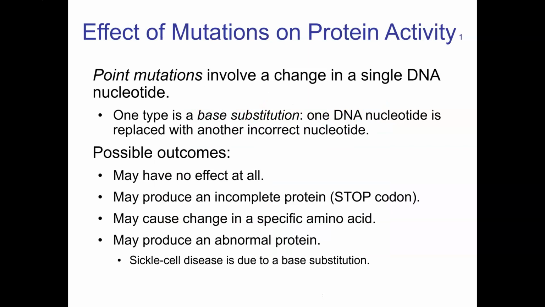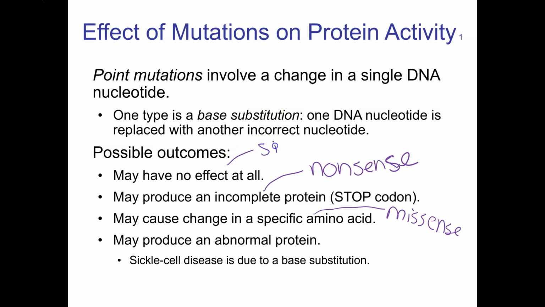So this here, base substitution, is typically called a nonsense mutation. If it changes the amino acid, it's called a missense mutation. And then if it has no effect, it's called a silent mutation.